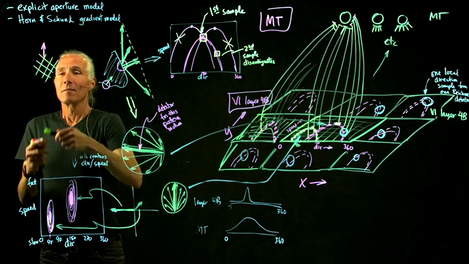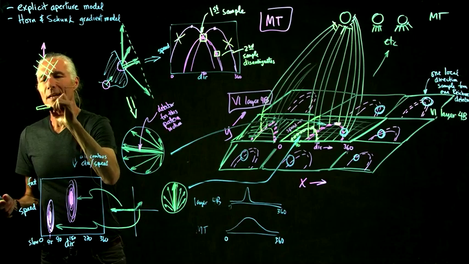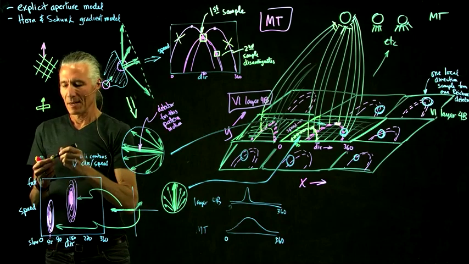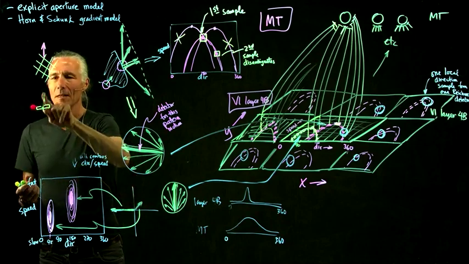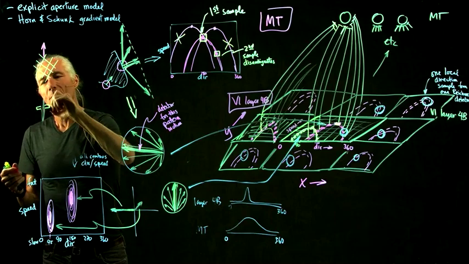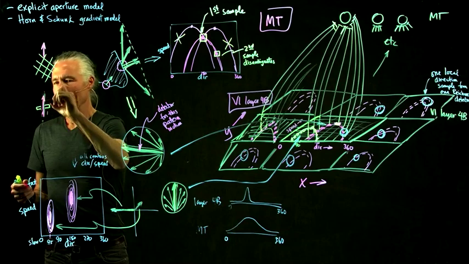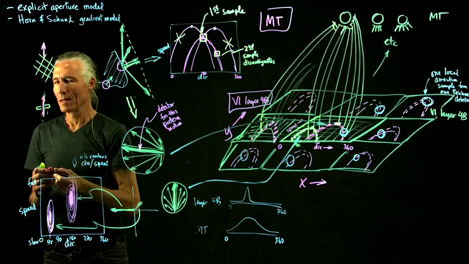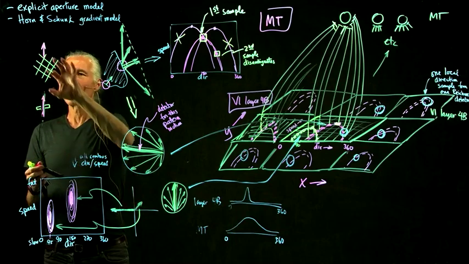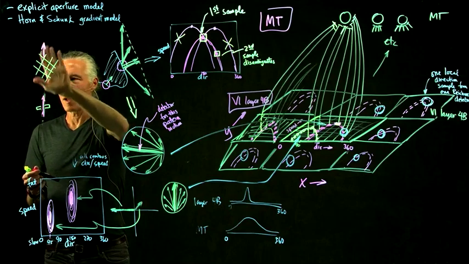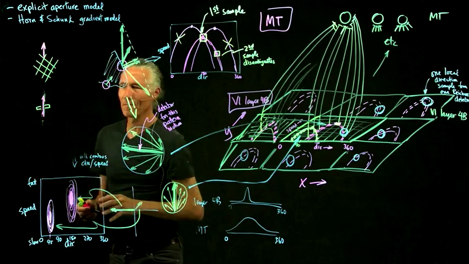So we give the neuron just a bar like that, and we find that layer 4B will respond to up if you move a bar up. If you move a little plaid pattern like that up, layer 4B doesn't like it.